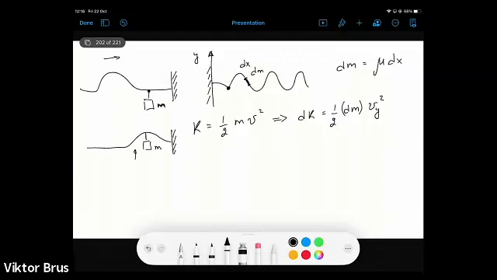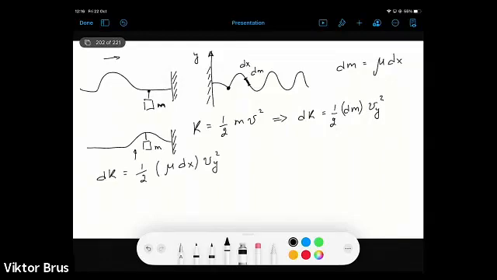So we eventually get dk for the kinetic energy of a small element of the string equal to 1/2 times mu times dx times vy squared.